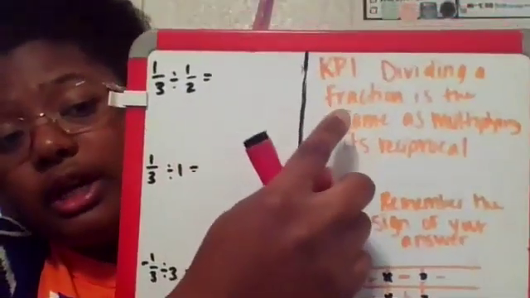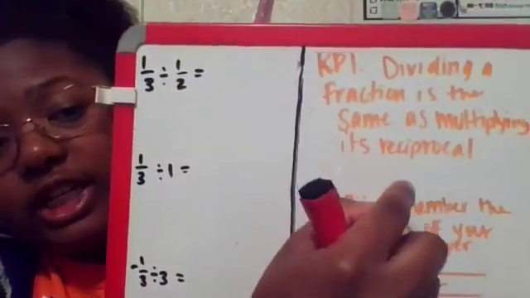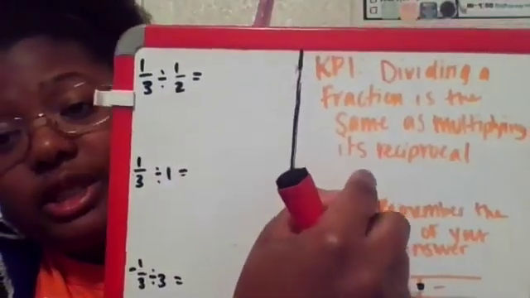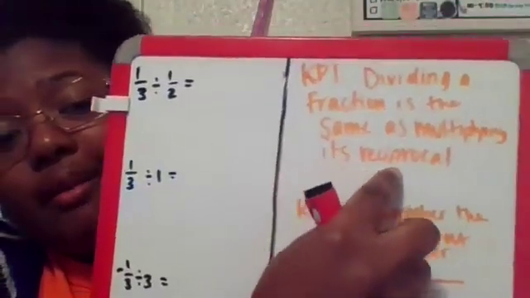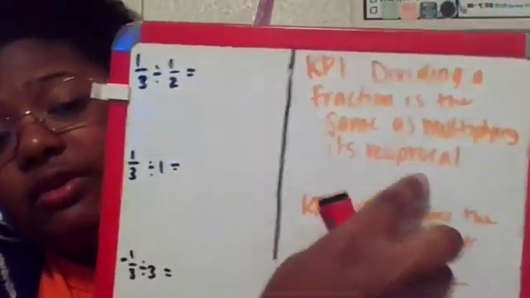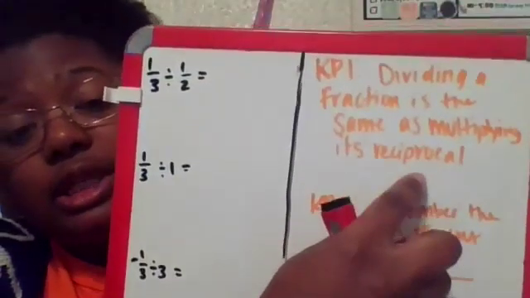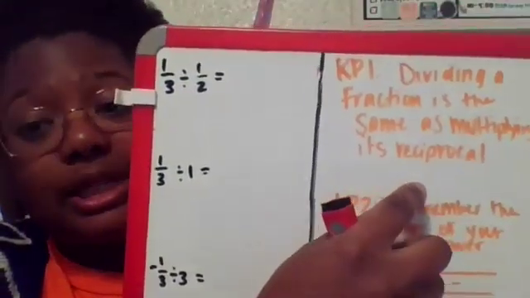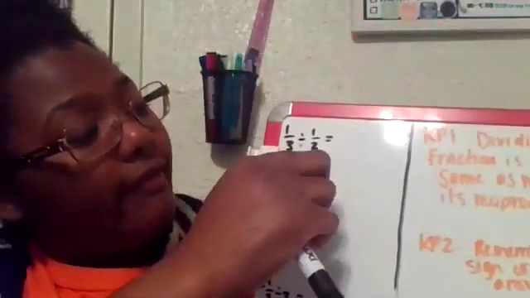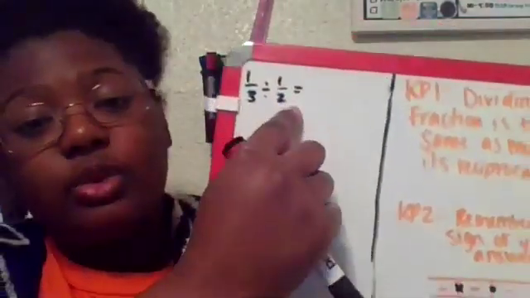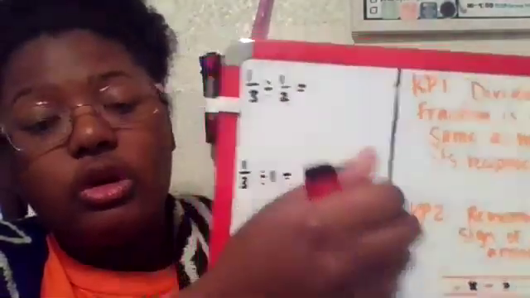Our key point 1 is that dividing a fraction is the same as multiplying by its reciprocal. I know reciprocal is a word that might be a little difficult for us to remember the meaning of. A reciprocal is the opposite. So if I have 1/2, its reciprocal would be 2 over 1.